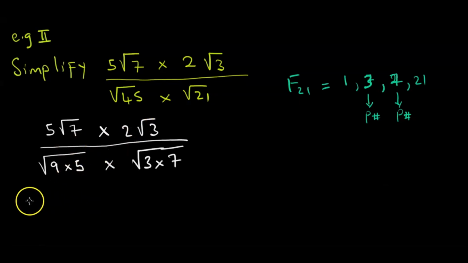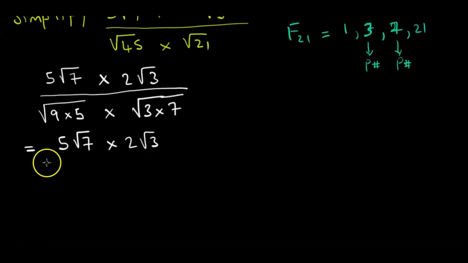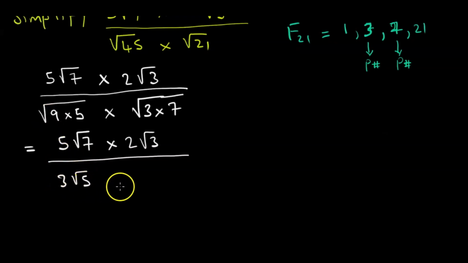So what is this going to be equal to? This is equal to, we say 5 the square root of 7 times 2 the square root of 3 over, here we have 3 the square root of 5 times, we have the square root of 3 times the square root of 7, like this.